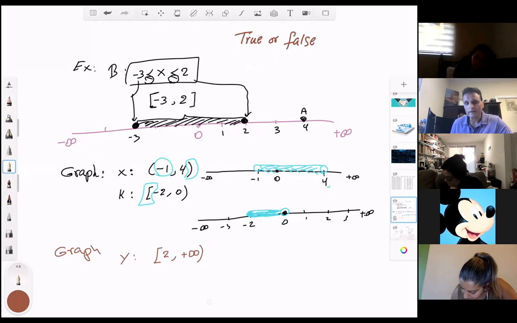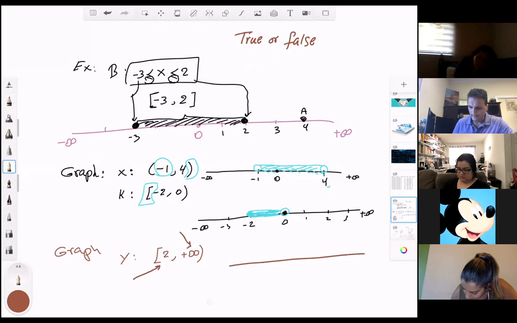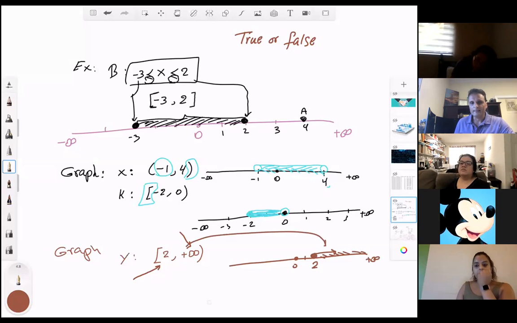In order to graph, again, we have interval notation. The minimum value is 2, the maximum value is infinity. So we have a number line, 0 here, for example, and 2 is over there. We include 2, then we go this way, and you can just shade it, going to positive infinity. If you want to write it as an inequality, this will be y greater than or equal to 2.